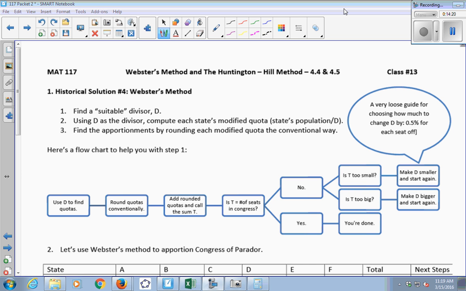So Webster said, well, Jefferson rounds down, Adams rounds up. What if we just round like normal people, right? We'll just use 0.5 as the cutoff. Round 0.5 or bigger, round up. Less than 0.5, round down. This is Webster's method. It's exactly like Jefferson's and Adams, but standard rounding.